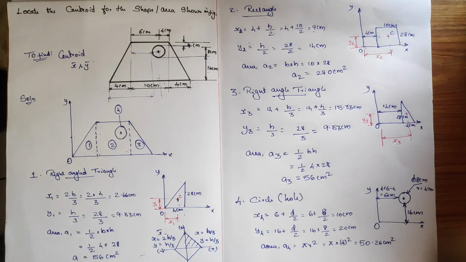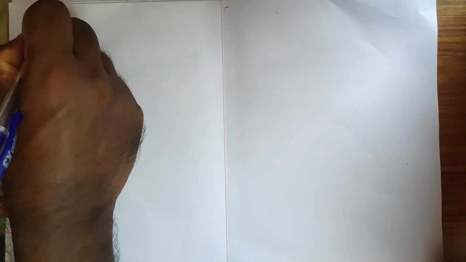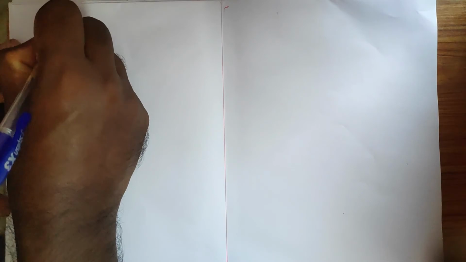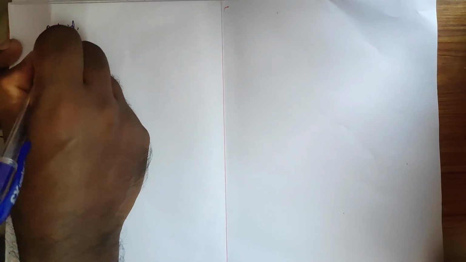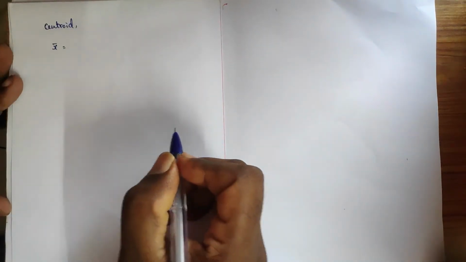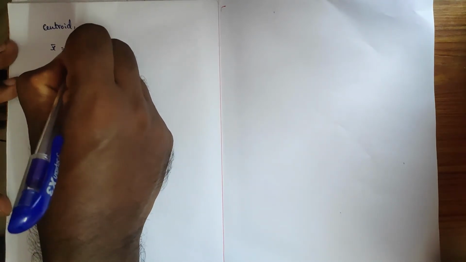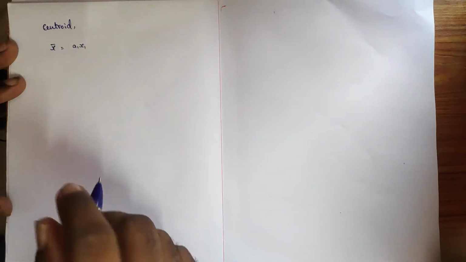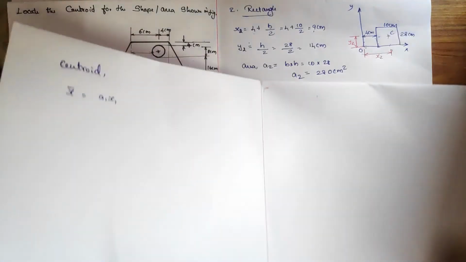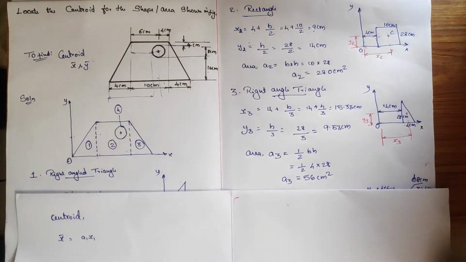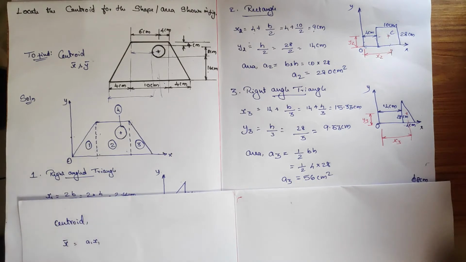Okay. So now we have identified the centroid and area for the first, second, third and fourth components. What is next? The x bar and y bar, the centroid. So here the centroid x bar is equal to a1 x1, that means sum of first moment of area about y axis, divided by total area, right?